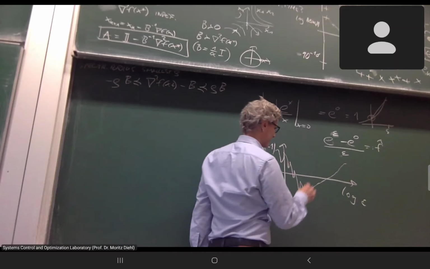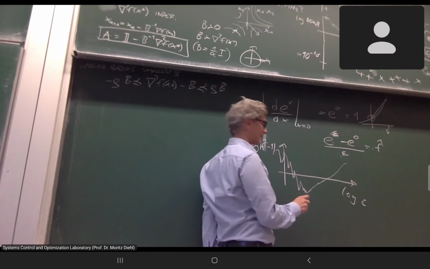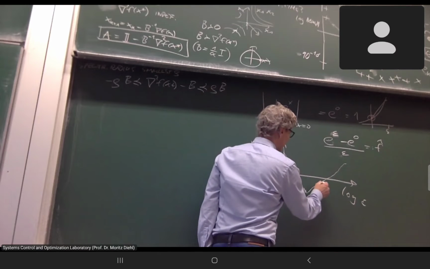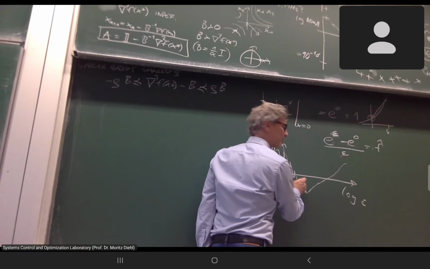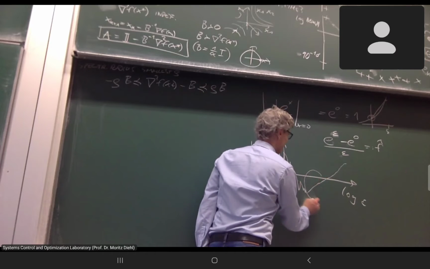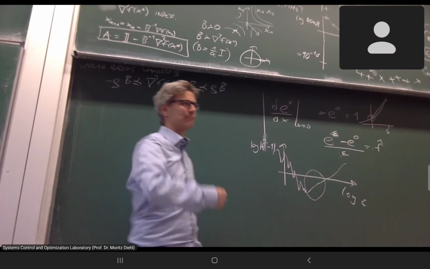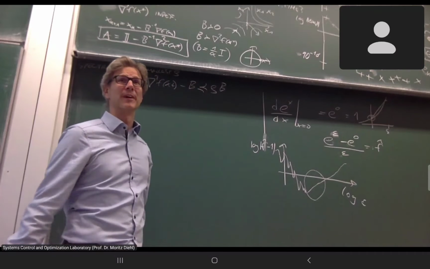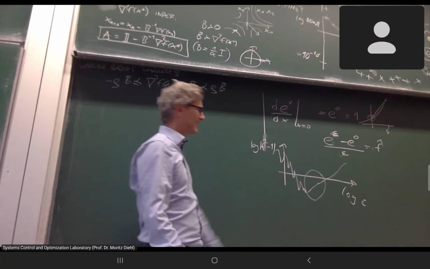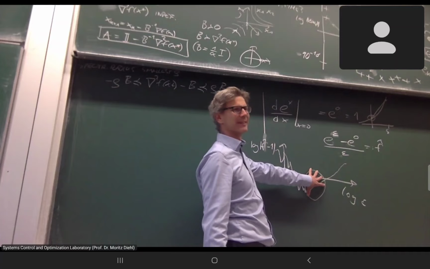So if you do finite differences and you want to get an accurate derivative, you usually need to aim for something in this region. So a bit too big, but not too small, but also not too big, right? But how do you find that?